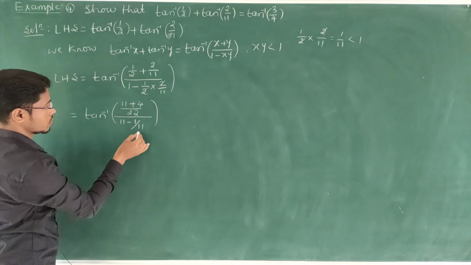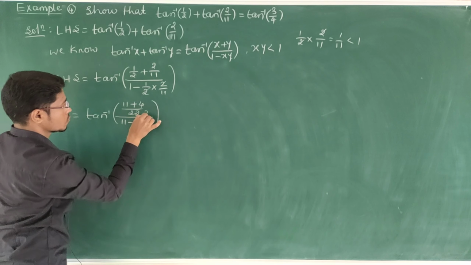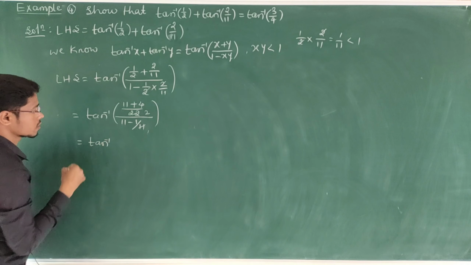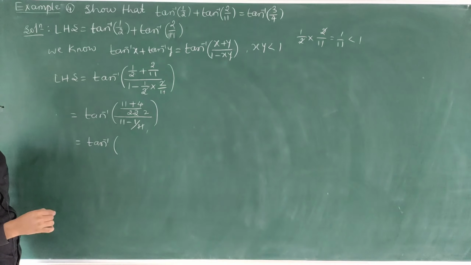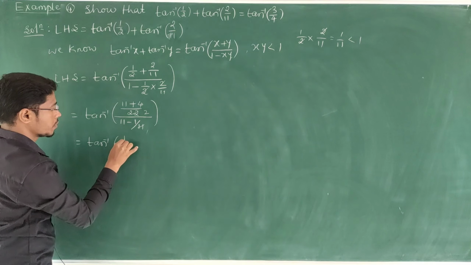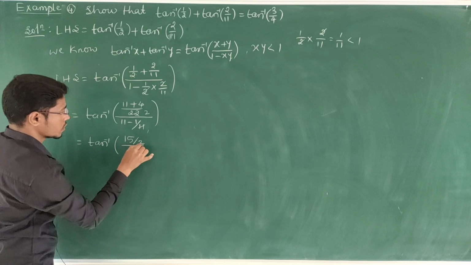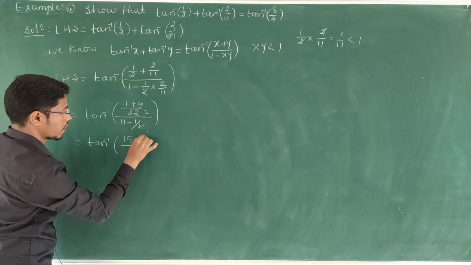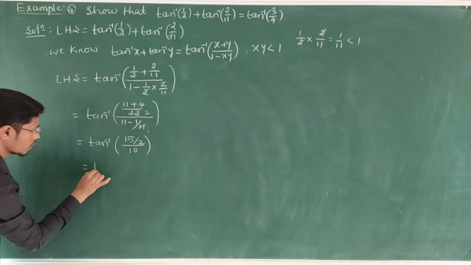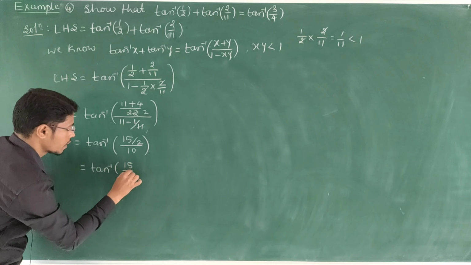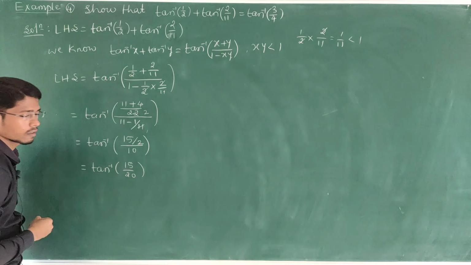Okay, so 11 ones are 11, twos are 2, this is equal to tan inverse of 15 divided by 2, this whole divided by 10, is equal to the tan inverse of 15 divided by 20, right.